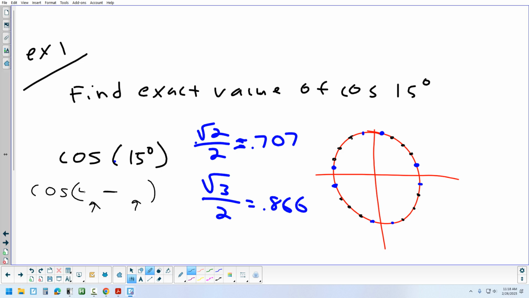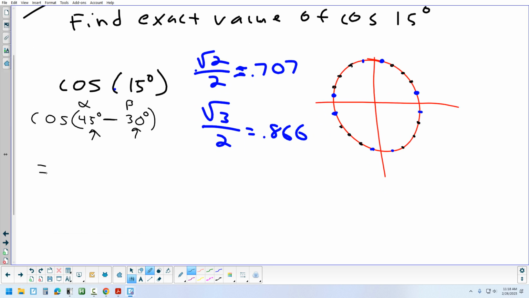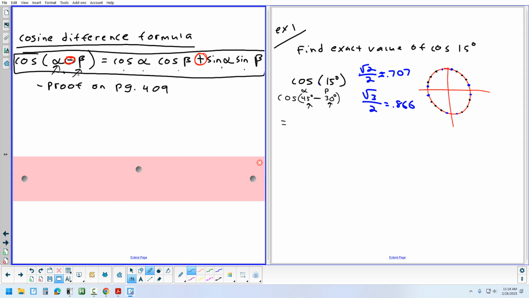Right, we could do 45 minus 30. So now in that problem, alpha is 45 and beta is 30. So let's rewrite that using the formula right there, except instead of alpha and beta, fill in the two numbers, 45 and 30.